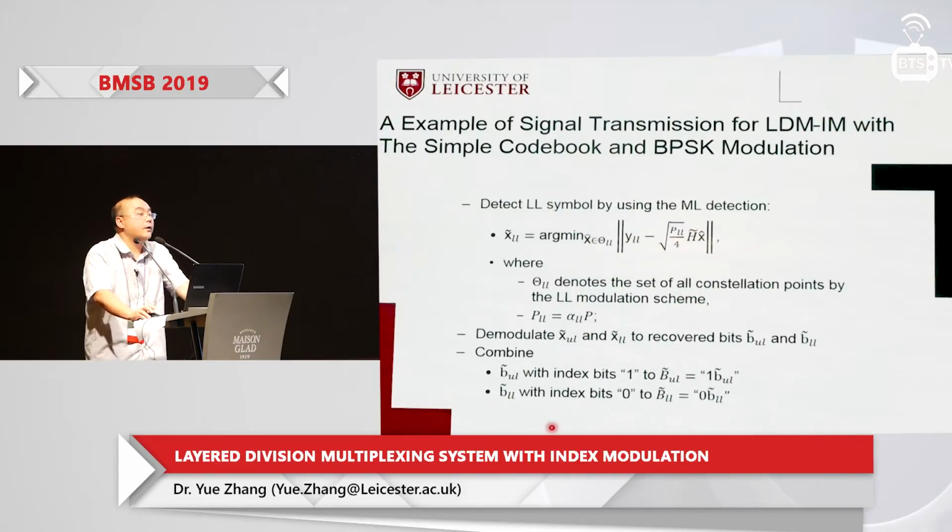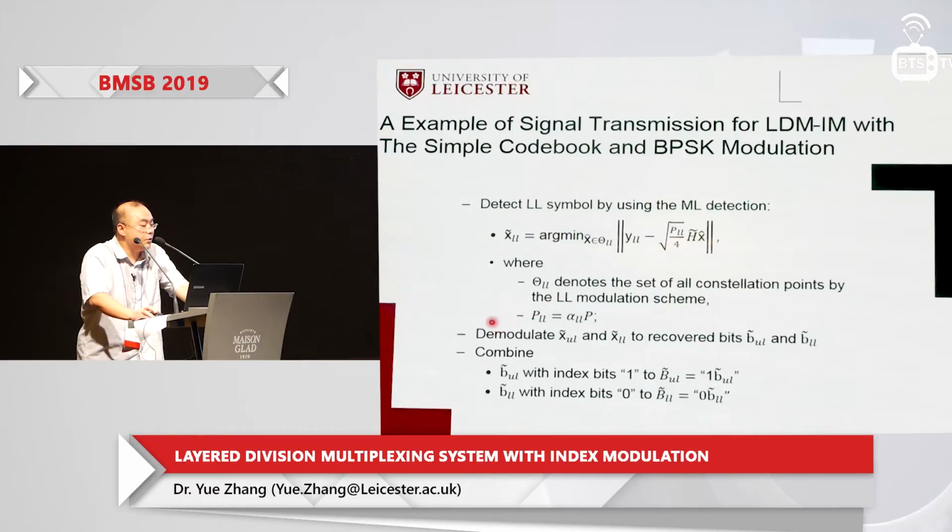So there are 2 detections. First you detect the upper layer. Second, you do a similar maximum likelihood detection for the lower layer. So you need to detect twice; here we only have 2 layers, so detection is only twice. We use the same detection again, recursively.